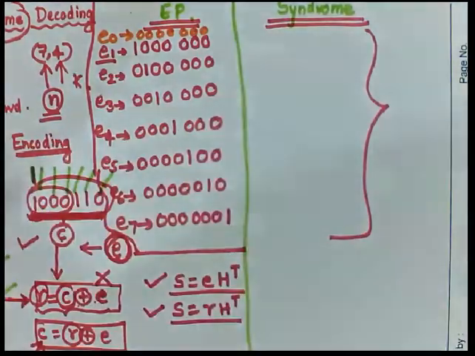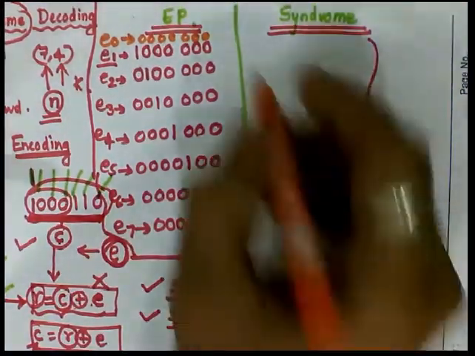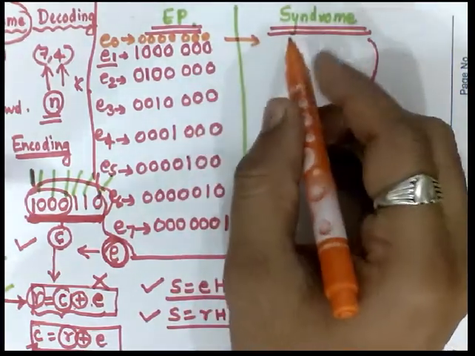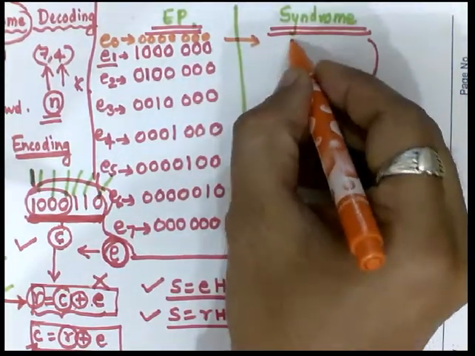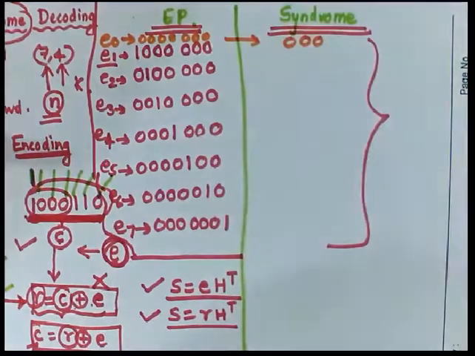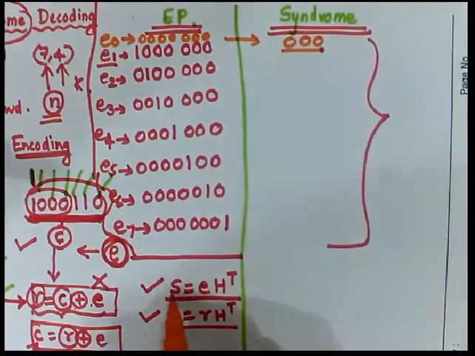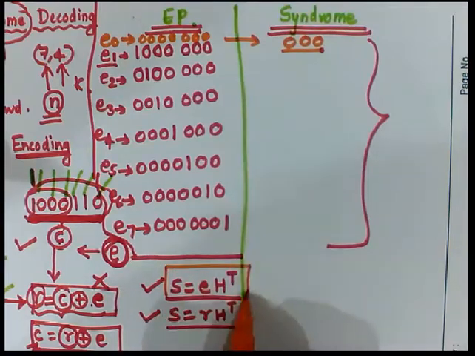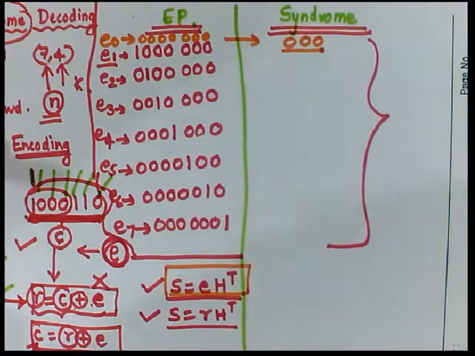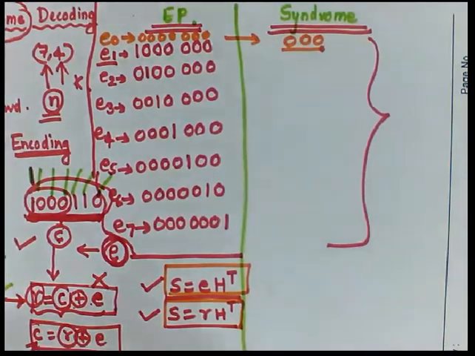If there is no error at any location, the syndrome related to it will be all zeros, 3 zeros. How is this syndrome calculated? It is based on the equation S is equal to E into H transpose. Similarly, the syndrome related to the received code word is calculated as S is equal to R into H transpose.